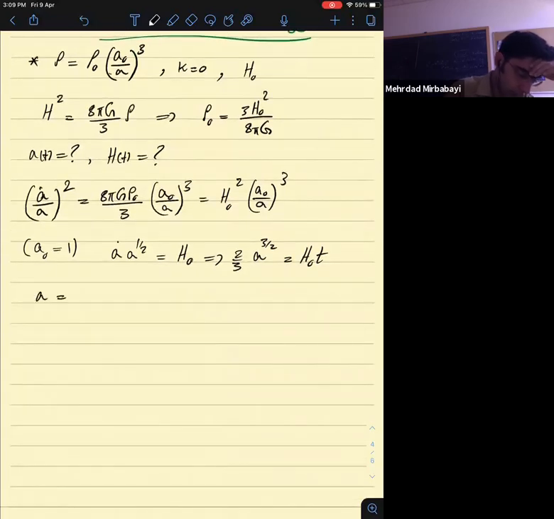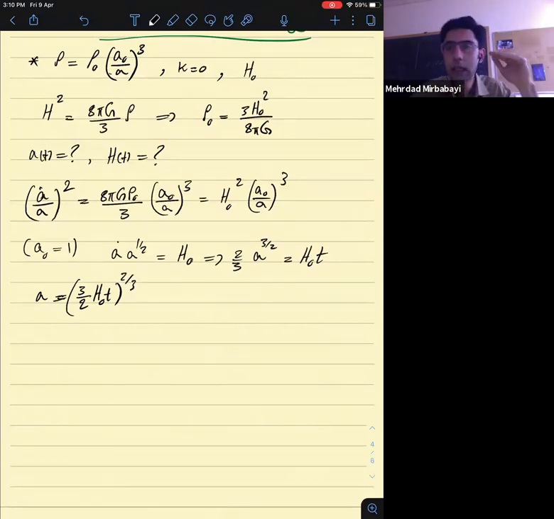Or a is equal to (3/2 H naught t) to the 2/3. So I have also fixed an integration constant for t. I set t equal to 0 to be the time at which the scale factor becomes 0.